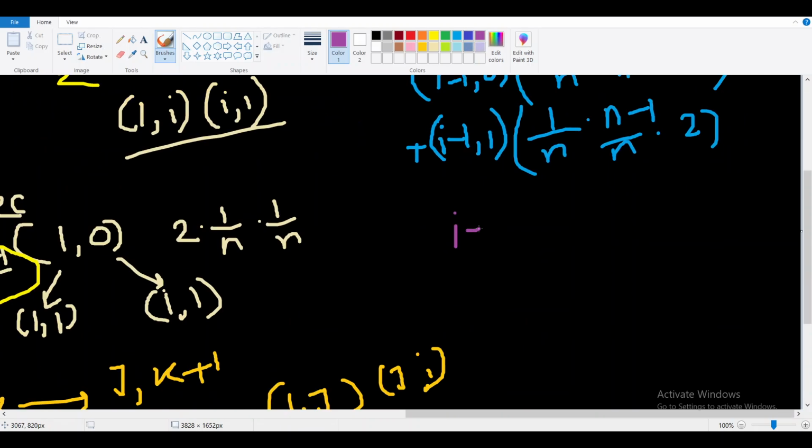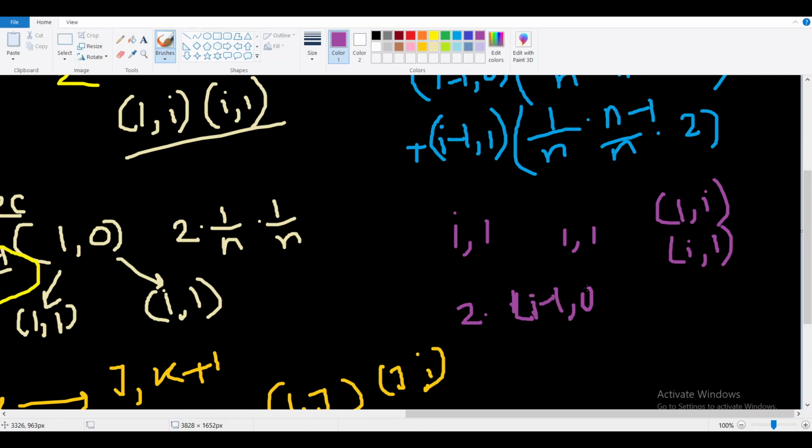Okay, dp[i][1]. What is the probability of dp[i][1]? So it means that the ball is coming from 1. This is one probability, the ball is coming from 1. So that probability is nothing but we can choose (1, i) or (i, 1), so it is nothing but 2 into dp[i-1][0].